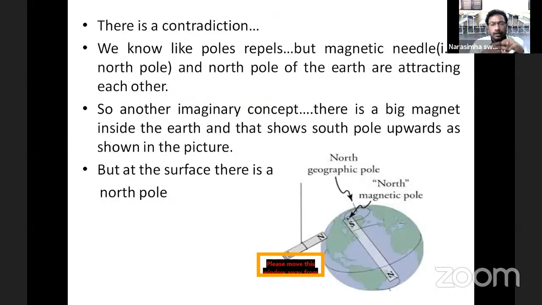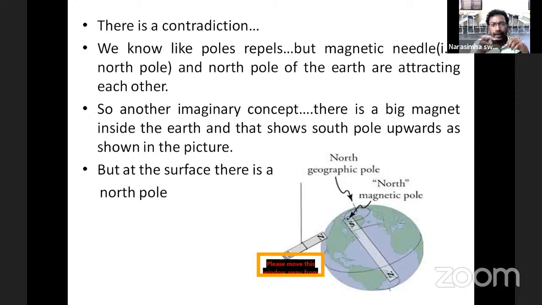Now there is one more contradiction here. First, try to understand the function of the compass. It is a needle-shaped magnet that always shows the north direction, the north direction of the Earth.